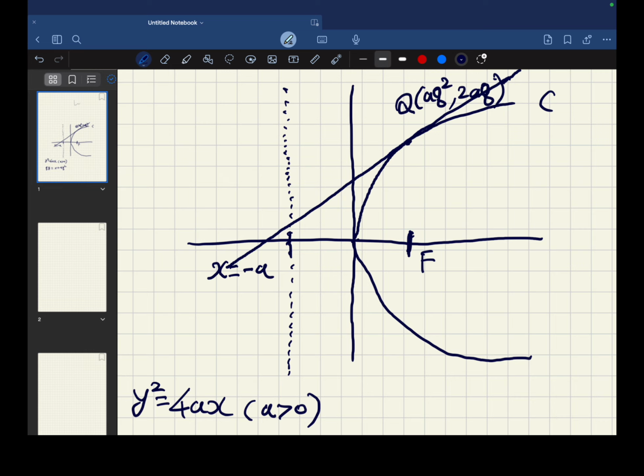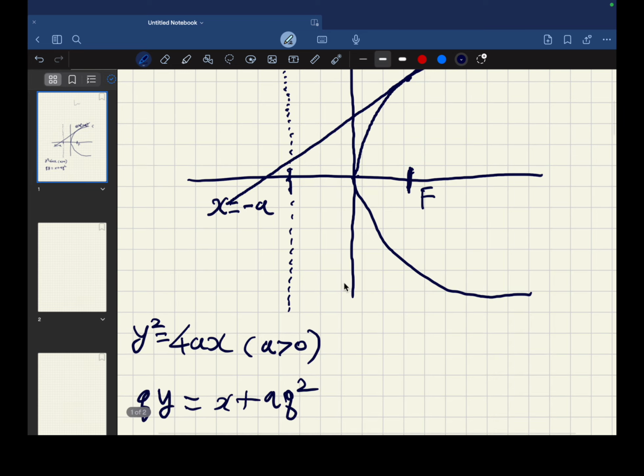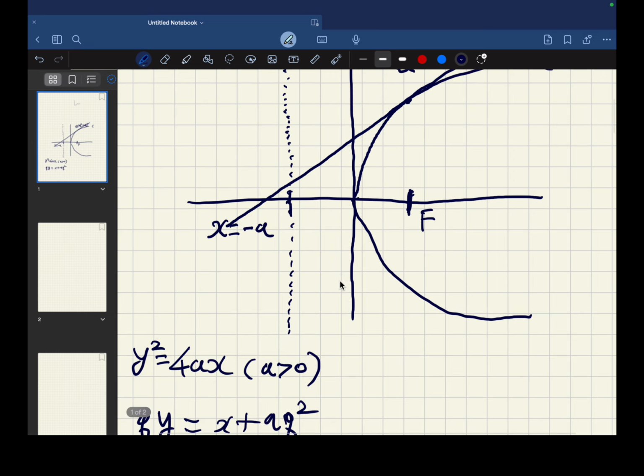And the problem insists this equation would be qy is x plus aq squared.